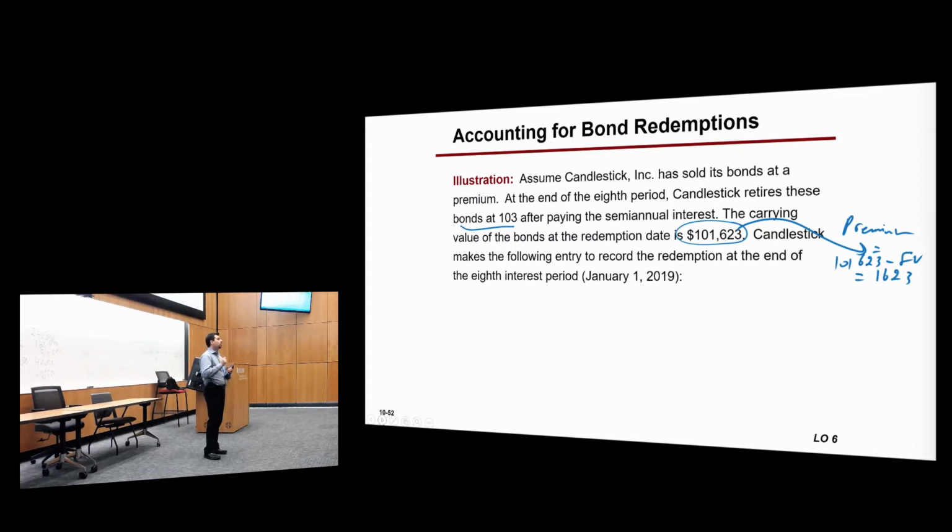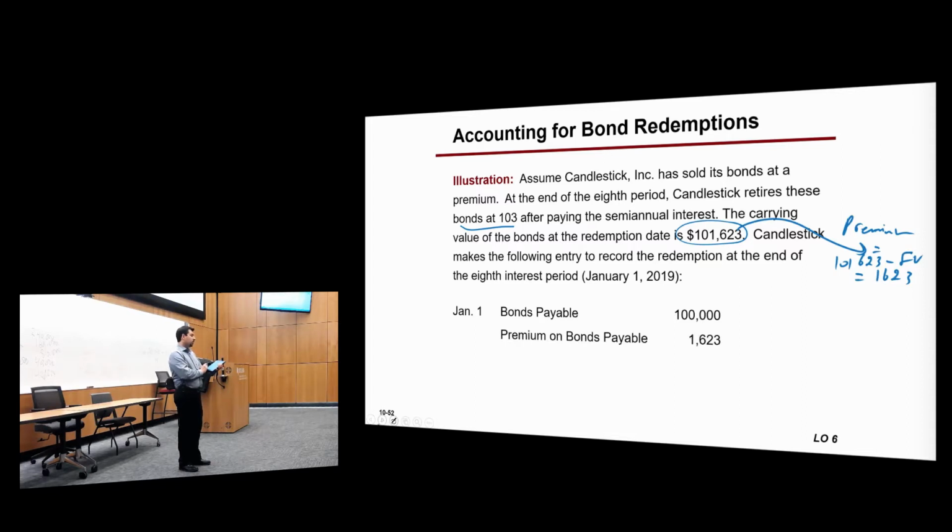Bonds payable will be debited how much? Always face value. So bonds payable will be debited 100,000. Okay? Premium on bonds payable will be debited because we still have premium that was credited. See, this is like a reversal of when the company issued those bonds.